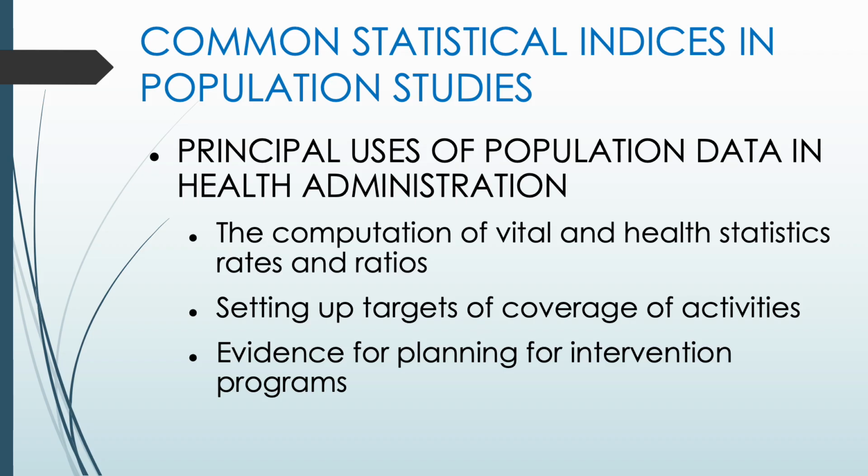So setting up targets for coverage of activities and evidence for planning for intervention programs. So if you have a high infant mortality rate due to measles, local government should ensure that the rolling out of EPI program in the health centers must be observed.